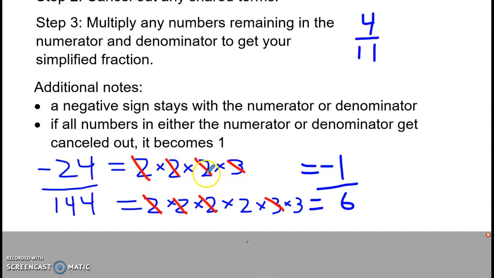So I canceled out every single number from my negative 24. If you do that, the number you're left with is a 1. So you can imagine that there's kind of a little shadow times 1 at the end of all of these. And if every other number gets canceled out, you just pull that one over.